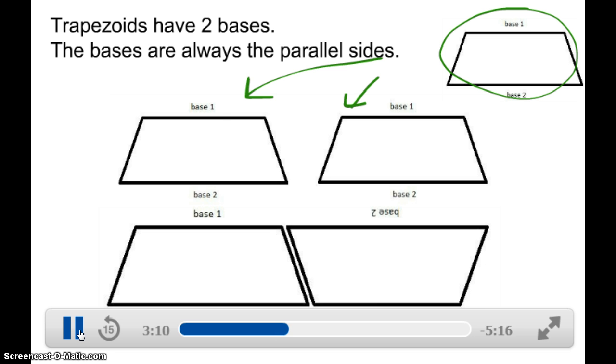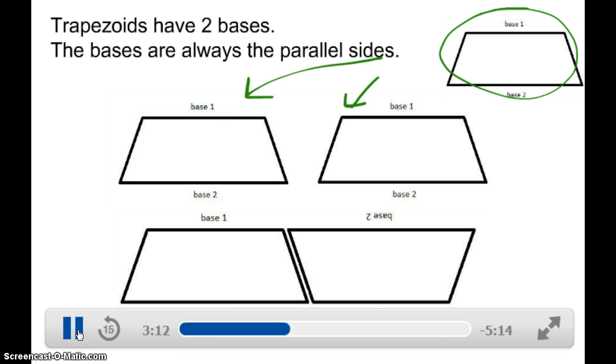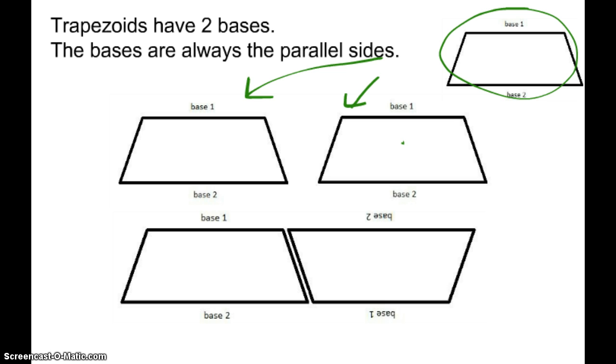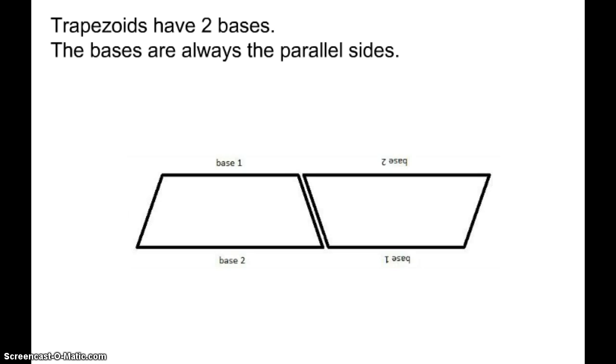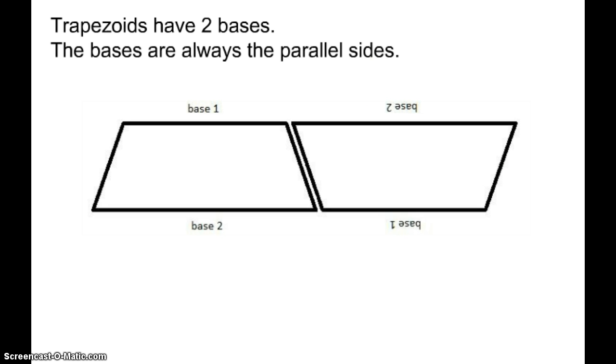So now I still have those 2 trapezoids, but I took this second trapezoid and I flipped it around. So now let's take a look at the overall shape that we have created. And actually I'm going to get rid of these other ones so that all we have is the duplicated one.